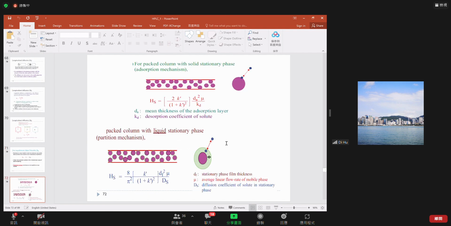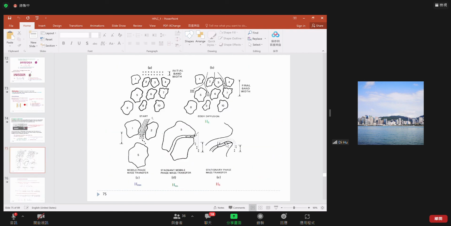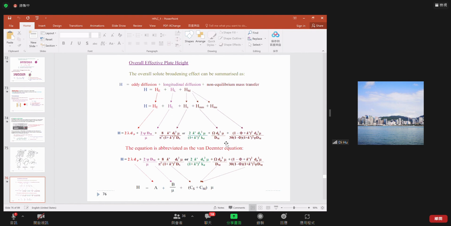You're not really supposed to remember all these equations. Don't worry about that. But you should at least know that the A term is eddy diffusion, proportional to dP, related to particle diameter, right? You should also know the B term, longitudinal diffusion, is related to the diffusion coefficient, but it is not a very critical term in LC. Why is that?